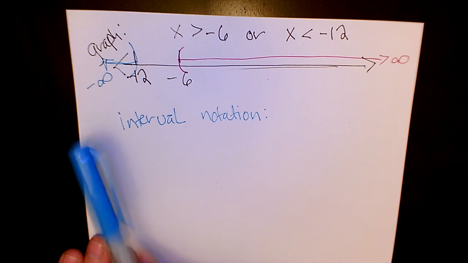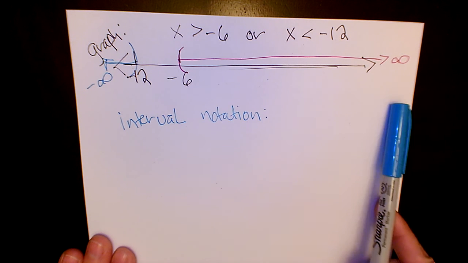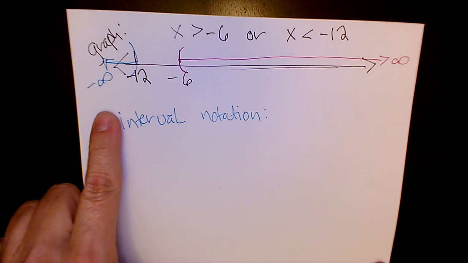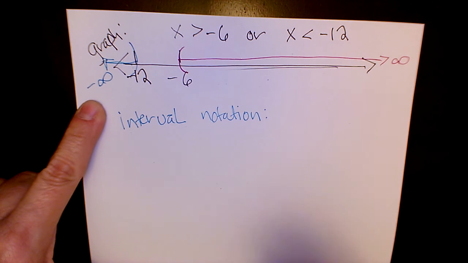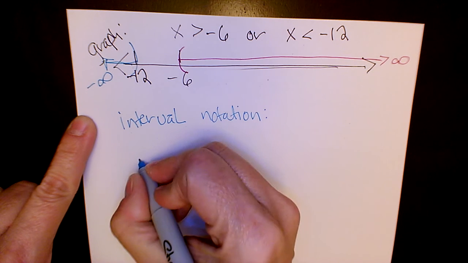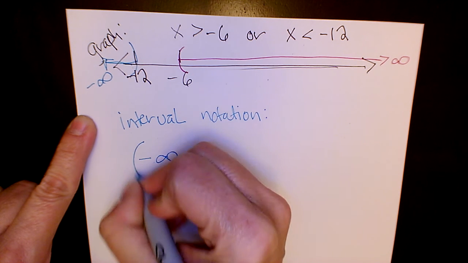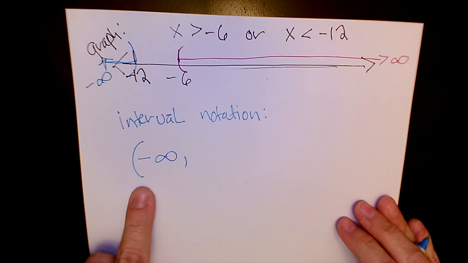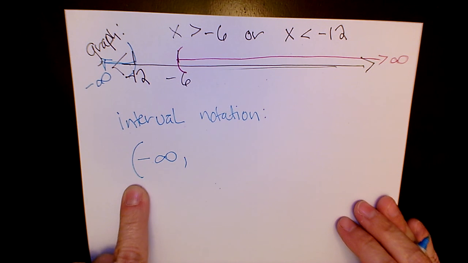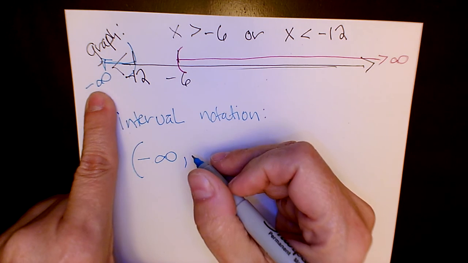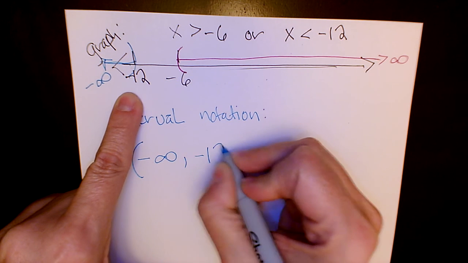Okay, so we're just going to follow from left to right. We're going to go small to big and write it out in interval notation. So I'm going to start over here. I'm starting with negative infinity. And whenever I have an infinity, negative or positive infinity, I use the parenthesis. And then I'm going to go to -12, right?